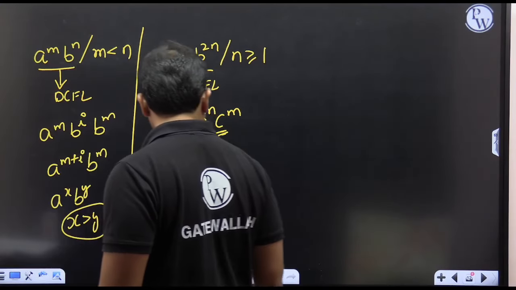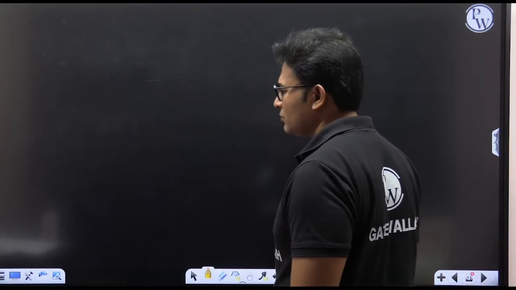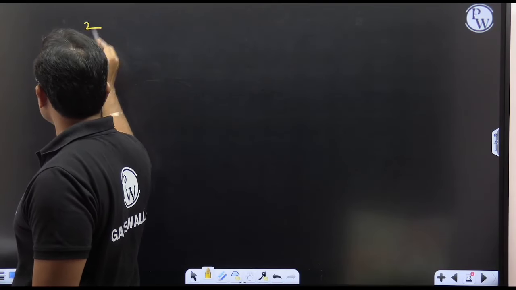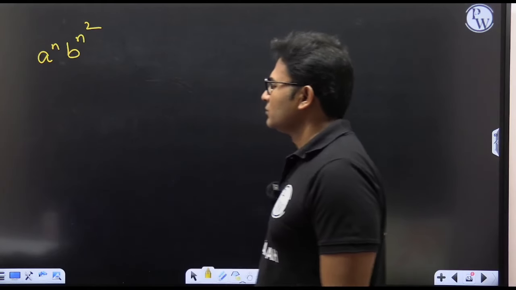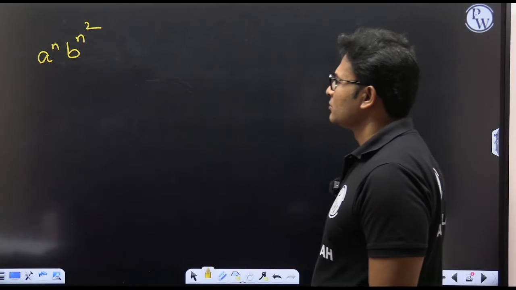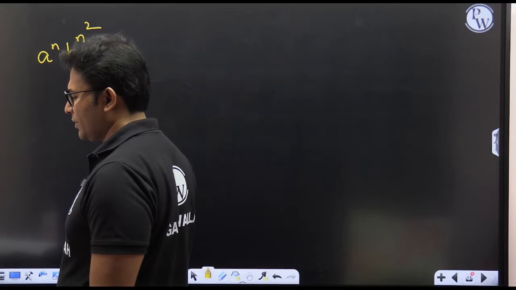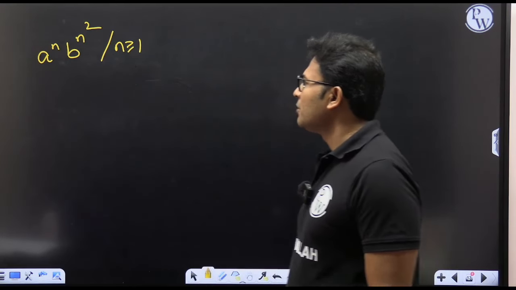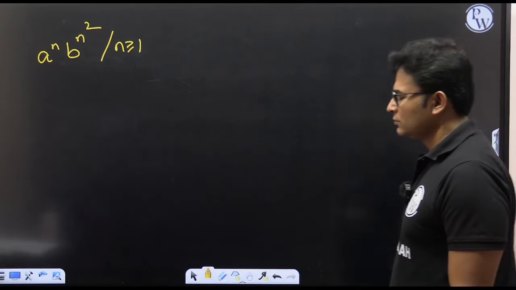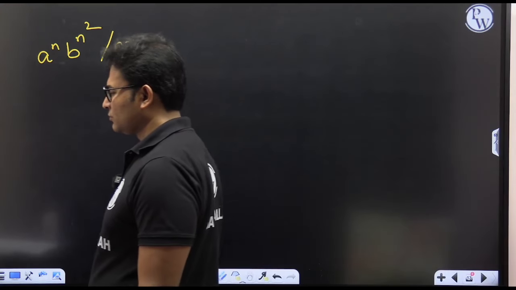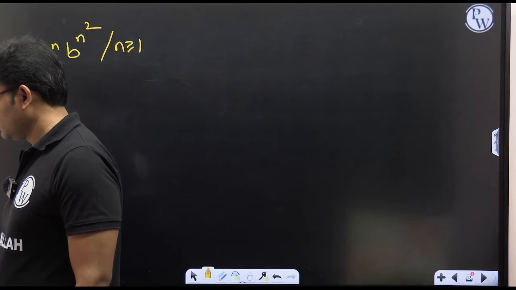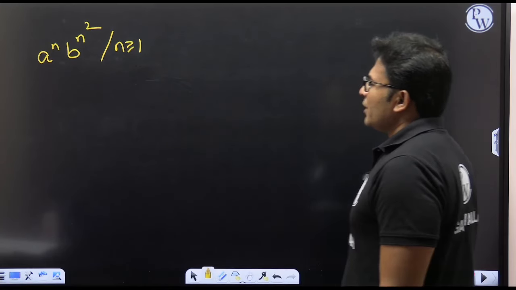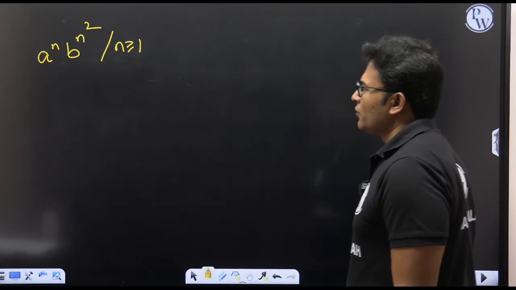Okay. Now let us see the next one. a^n b^(n²) such that n is greater than or equal to 1.